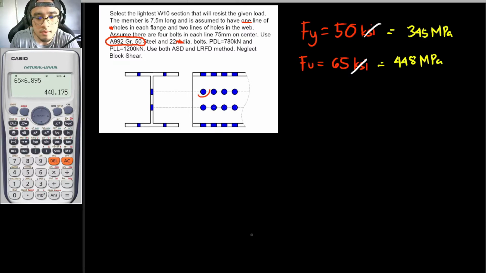So these are to be the parameters here. What parameter do we need here? We also have your 22 diameter bolt. I will just be writing it here. 22 diameter bolt. Take note, guys, that this dimension right here is to be the diameter of the bolt and not the hole.